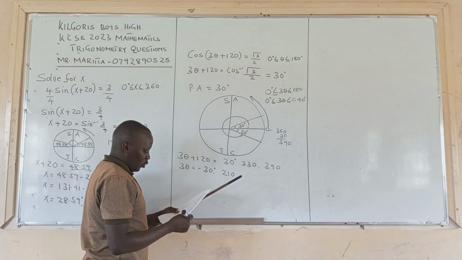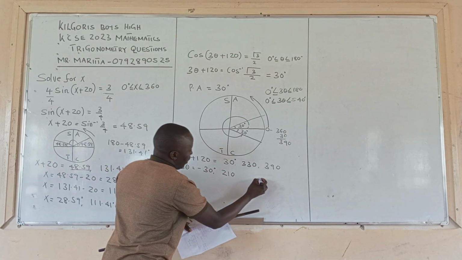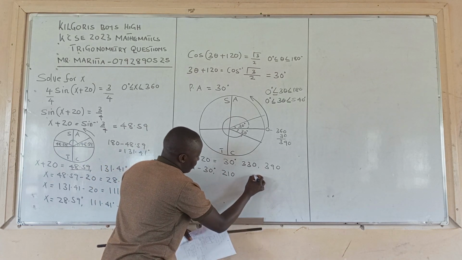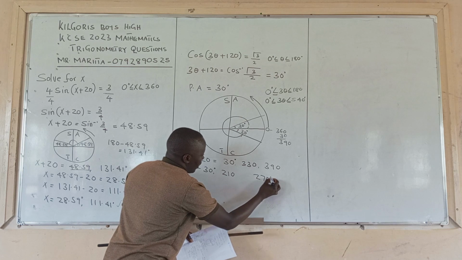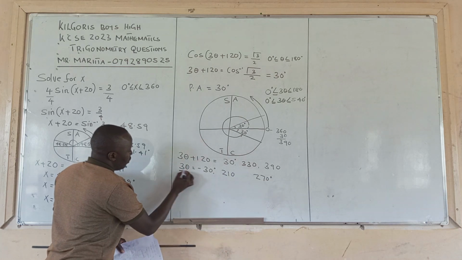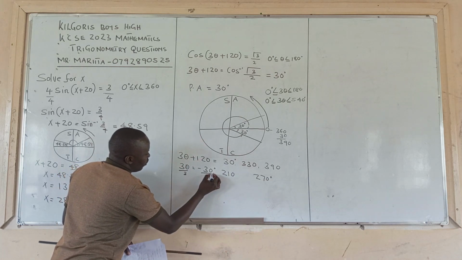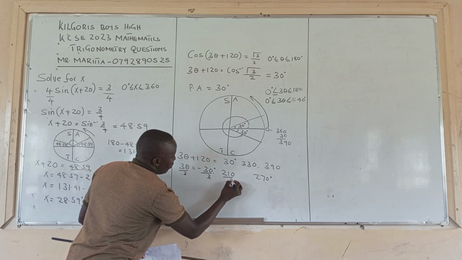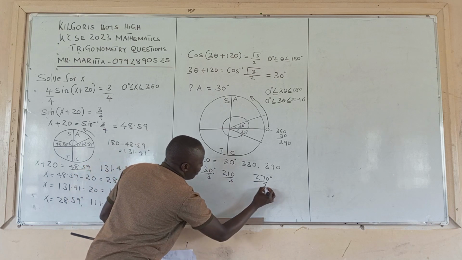Then on the last one, we subtract this one here. So this one is giving us 270 degrees. So you divide this one by 3. Here you divide by 3. This one you divide by 3. This one you divide by 3.